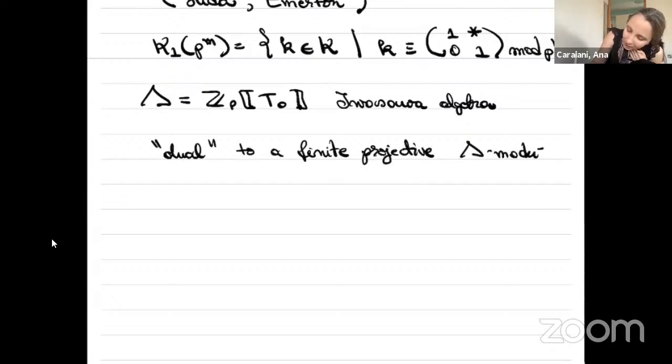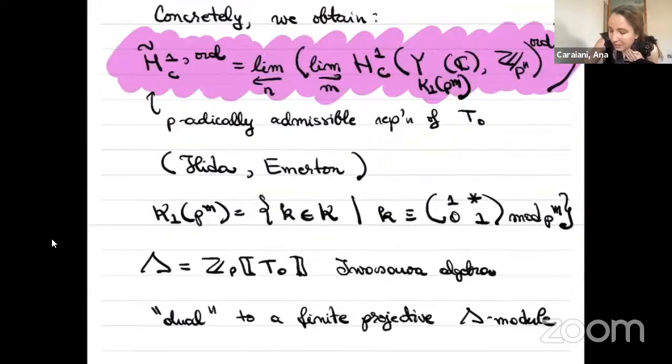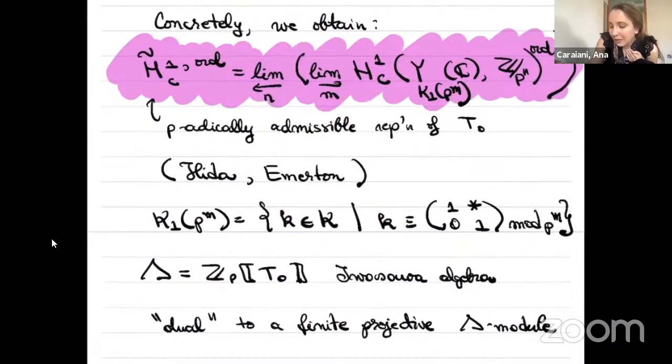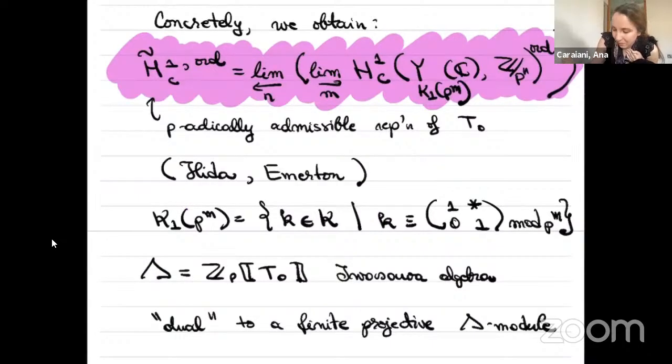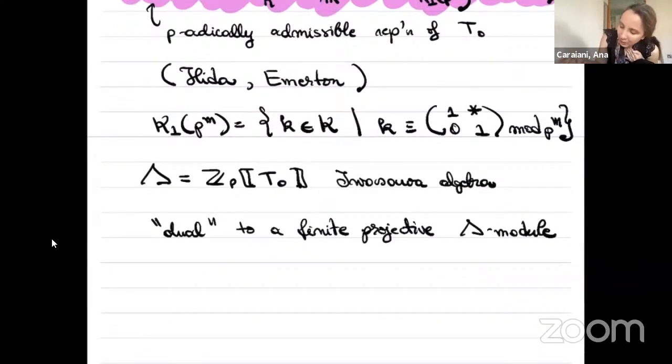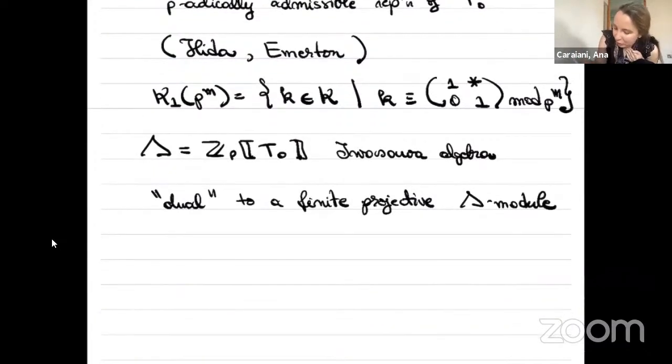And this is slightly non-trivial in the sense that to actually get something that is projective over the Iwasawa algebra, you need to know that you have cohomology in one degree, and not just at this level, say n0 given by the unipotent, but really at level b0, where b is the Borel again. So this turns out to work when you apply ordinary parts in the case of the modular curve, but it's something quite special. And it's related to the fact that you have cohomology in one degree at this low level.